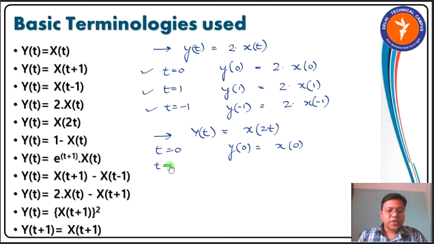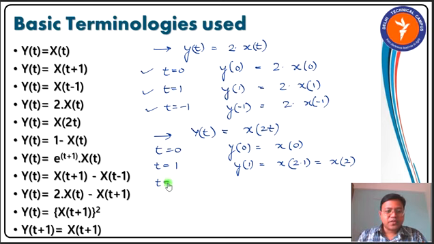But if I shift time further, let us say the reference instant now is t equal to 1. So y(1) is equal to x(2 times 1), which is x(2). This shows that output at t equal to 1 is dependent on input at t equal to 2. That is, the present output is dependent on future input.